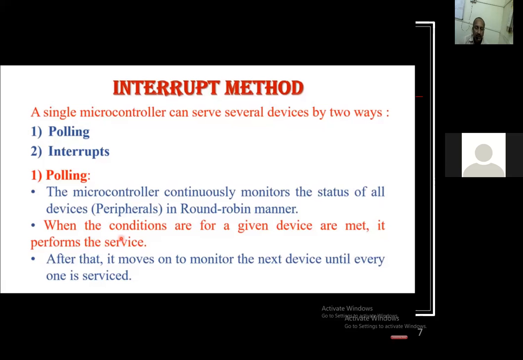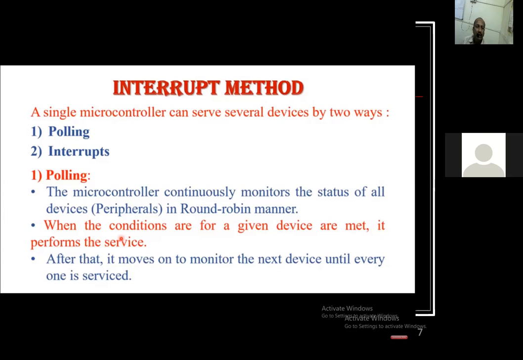If it finds that interrupt 1 has occurred, at that time it will not go to check the status of interrupt 2. It will complete interrupt 1 first, and only then will it go to interrupt 2, then 3, 4, 5. Got it? That means only one interrupt at a time can be processed.